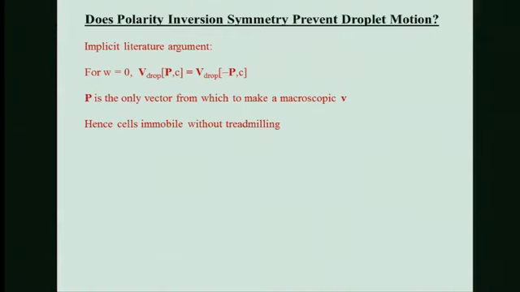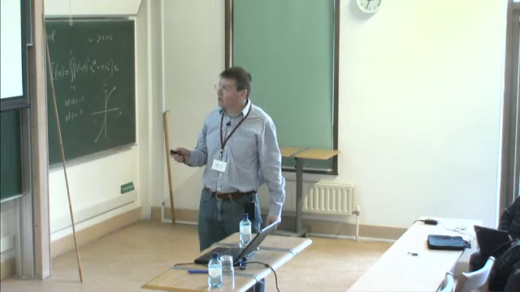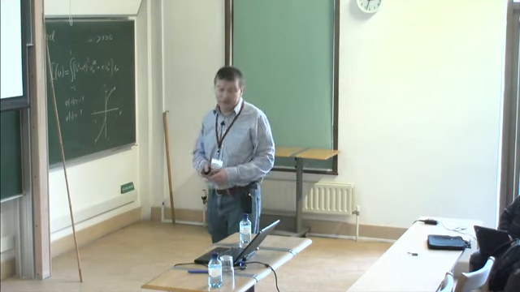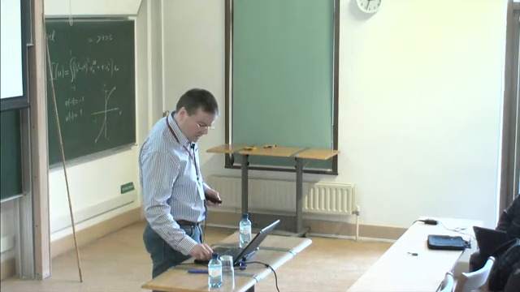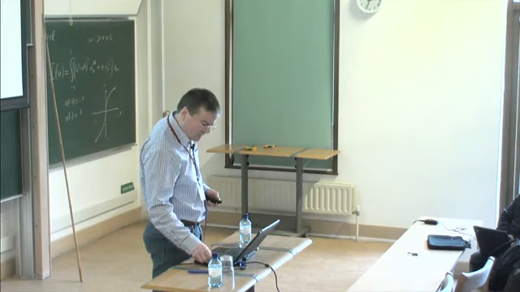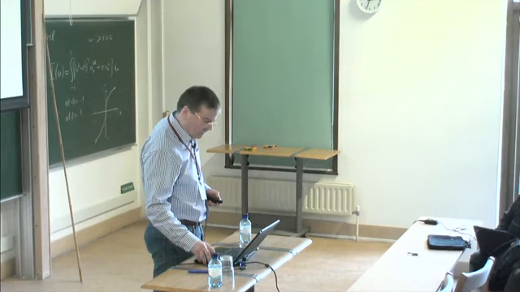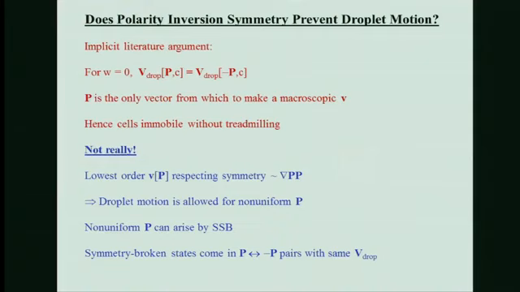And the crude argument, which is not quite right, is that p is the only vector from which you can make a velocity, and so for w equals 0, cells are not going to move. That's an unfairly oversimplified synopsis of the literature, to the point where you can see it's wrong. So that's not really true.